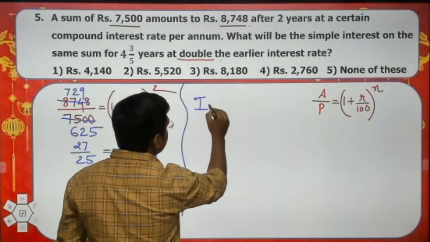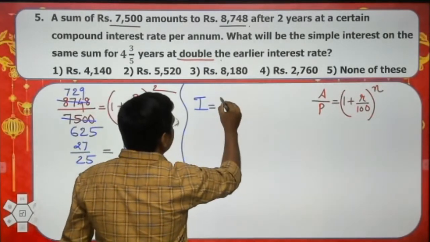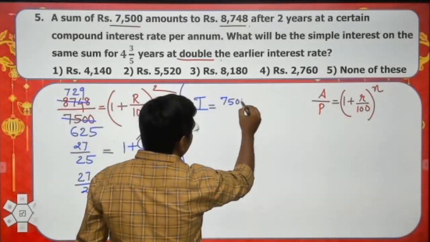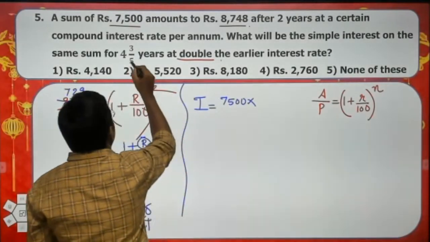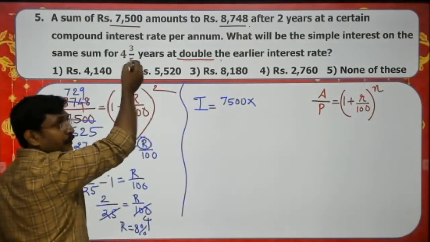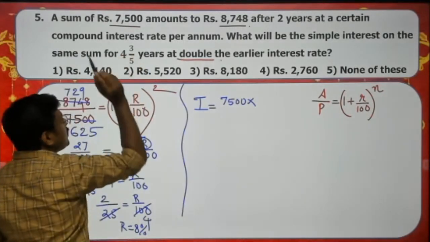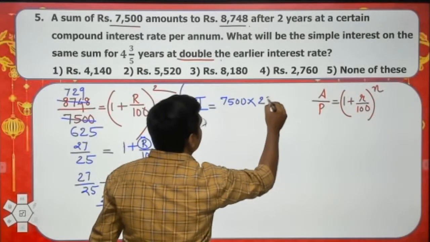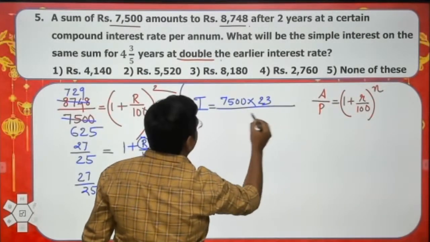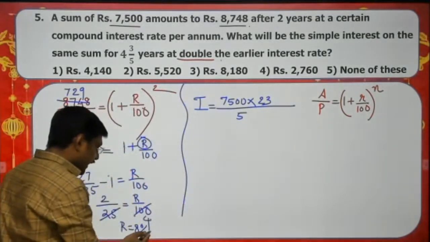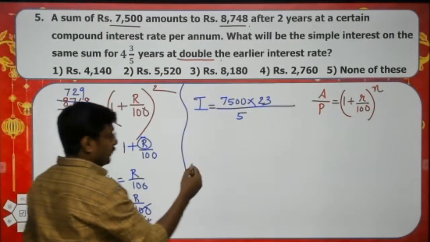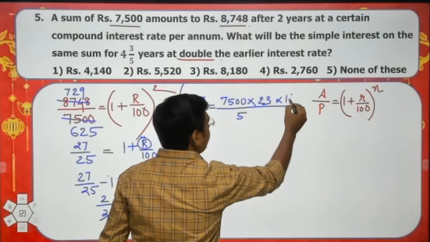For simple interest, I is equal to PNR by 100. P, we know that it is 7,500. Time period, clearly given that 3/5. It is a mixed fraction, we need to make it improper. 5 fours are 20, 23. So 23 by 5, correct? PNR, rate, we got the rate as 8, we need to take the double of that value, so it is 16.